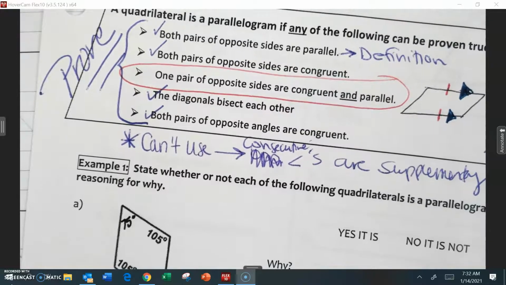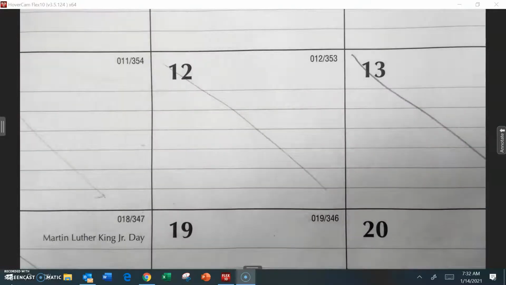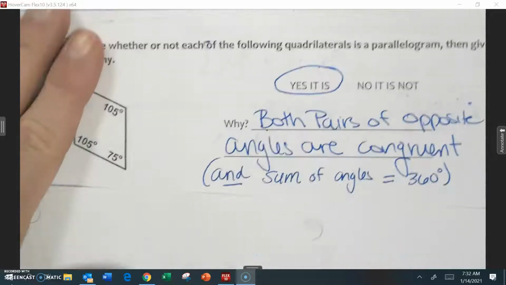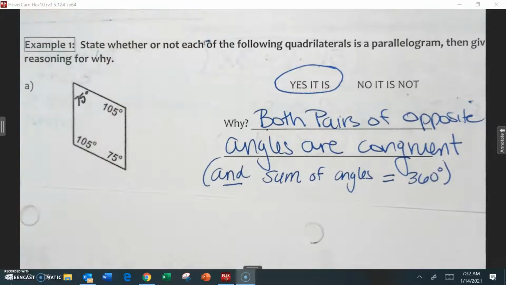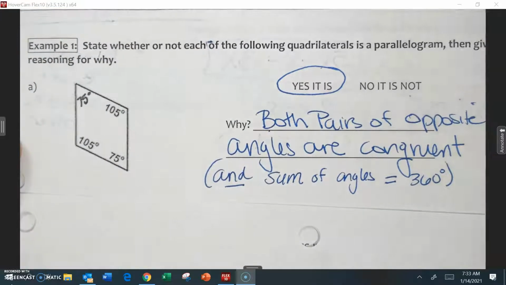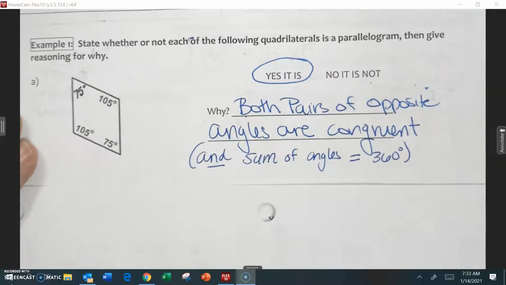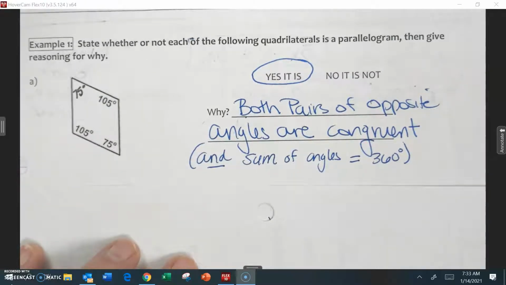What did you all say for A? Yes or no? What'd you tell me? Is that a parallelogram? Could you prove it? Yes, I see your heads nodding. So here's what you should have, okay? I already have it pre-written for you, so you're ready to roll. So check your work. We know that this is a parallelogram, and here's the deal. I checked.